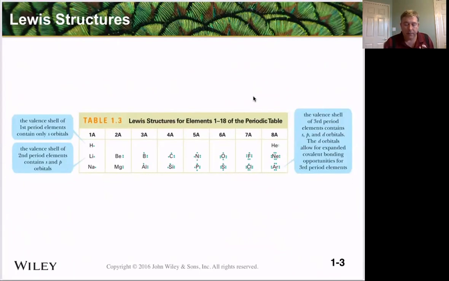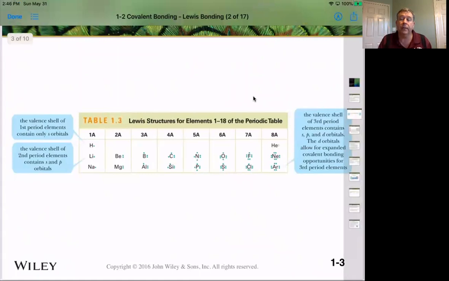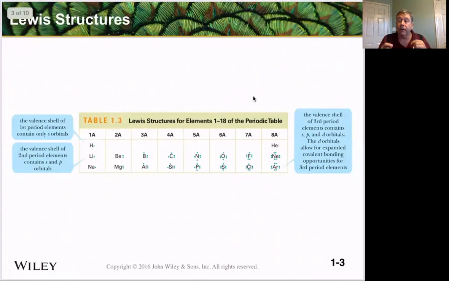If we look at lithium, it has 2 electrons on its inner shell, but those are inner shell. We now have its outer shell, so we have 1 electron on that outer shell. And if we look at sodium down here, it has a 3rd energy level, but we only have 1 electron on that outer shell, so that's our valence electron.